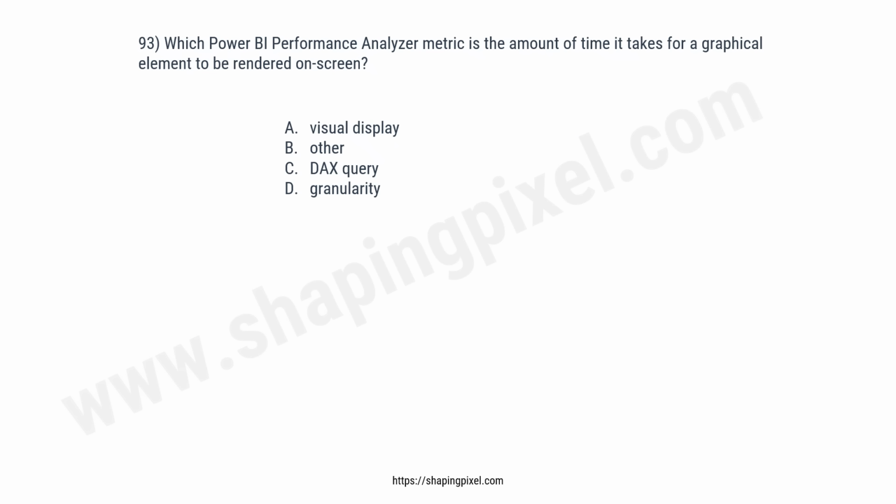Question number 93. Which Power BI Performance Analyzer metric is the amount of time it takes for a graphical element to be rendered on screen? And we have four options: visual display, other, DAX query, granularity. So the right answer here is option A, visual display.